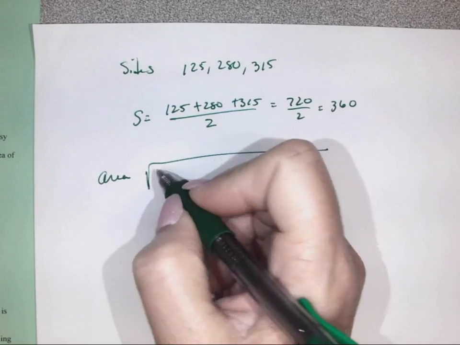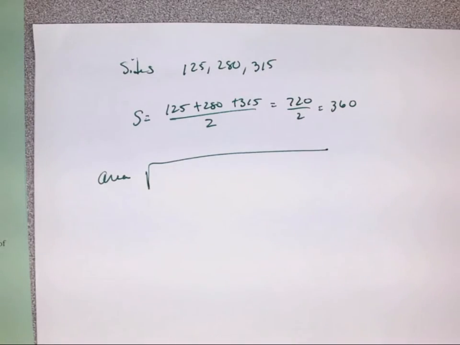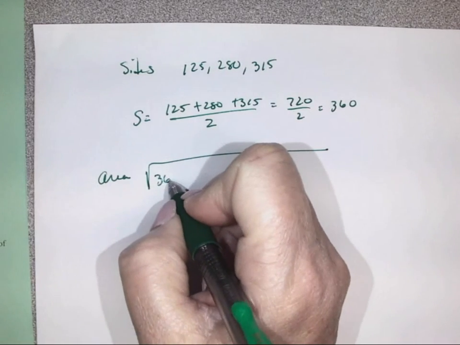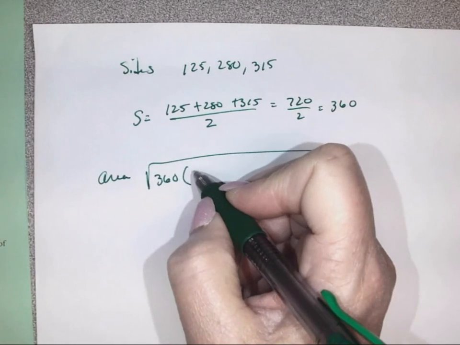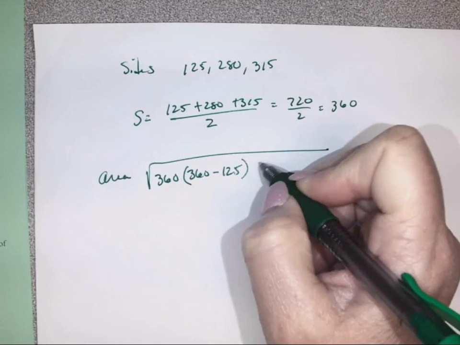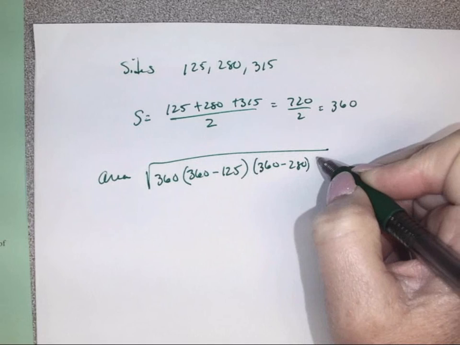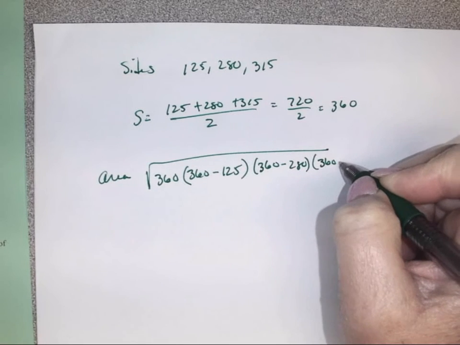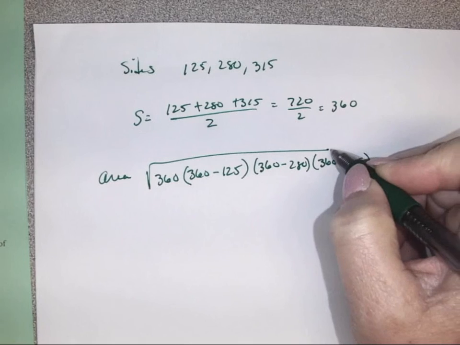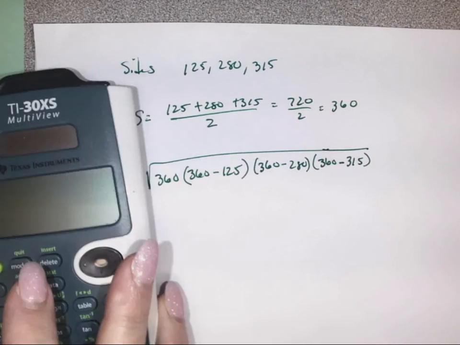So we have S, so remember it was S times all of those sides subtracted from S. So it'll be 360 times 360 minus side A times 360 minus side B times 360 minus side C. And then we can put that into a calculator.